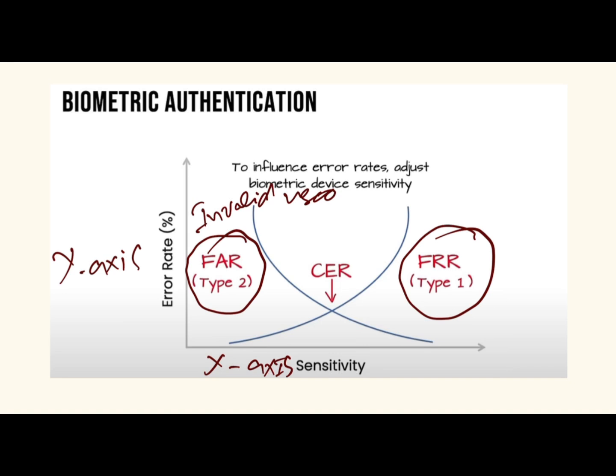Unauthorized users are wrongly accepted. So lower sensitivity leads to a higher false acceptance rate. So that means it's less strict, more false positives.